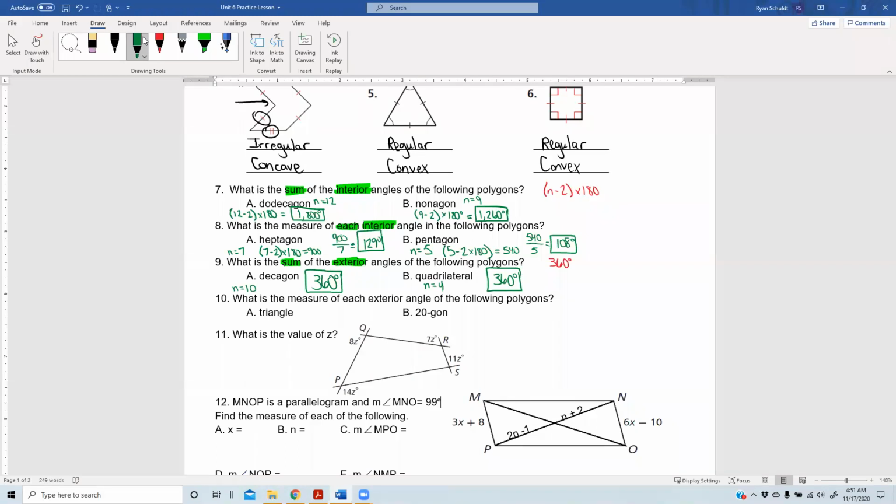Okay, number 10, what's the measure of each exterior angle of the polygon? We want each exterior angle. So we're going to have to do 360 divided by however many sides it has. So a triangle has 3 sides.